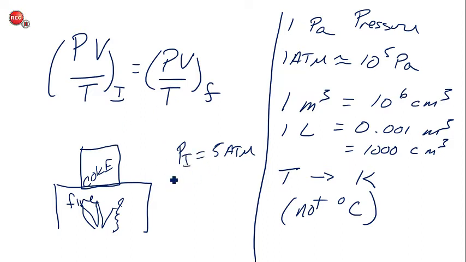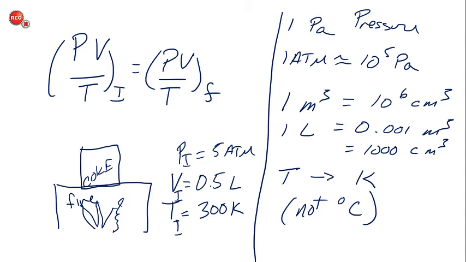So back to the problem, our initial pressure is, say, 5 atmospheres, and our volume is half a liter, and our temperature is going to be something like, canned in a factory, let's say 300 Kelvin. So these are our initial temperatures. Right.